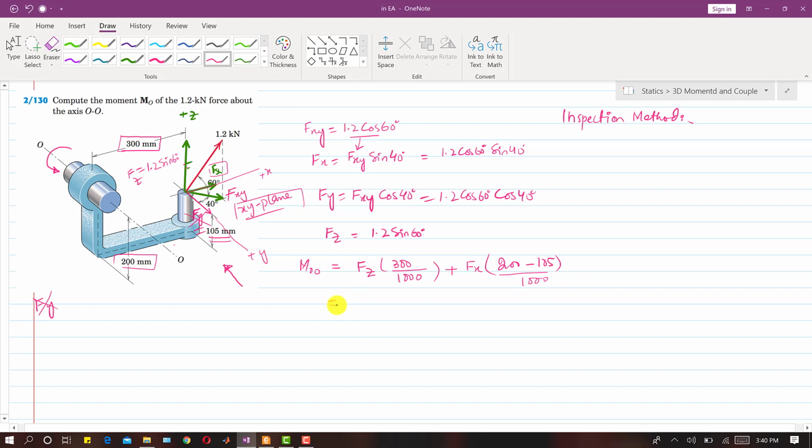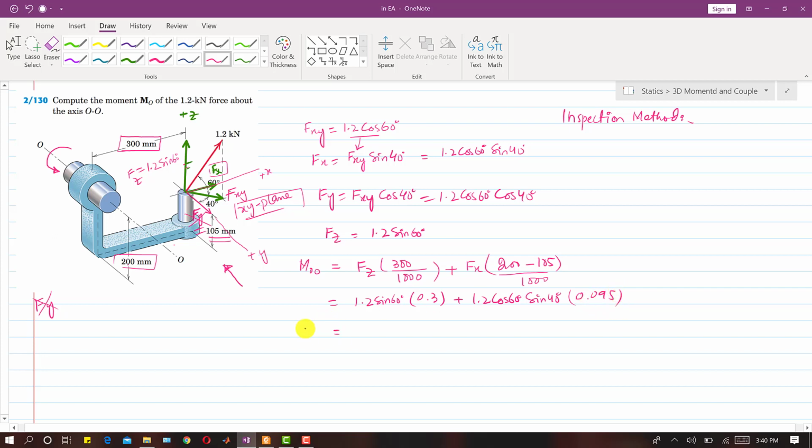So f of z is 1.2 sine of 60 degrees, and this will be times 0.3, plus f of x is 1.2 cos of 60 degrees sine of 40 degrees, and this will be times 200 minus 105, which becomes 95, so it will be 0.095.